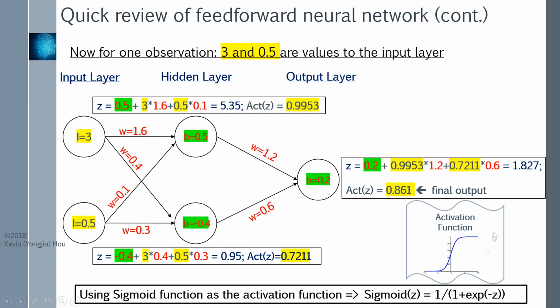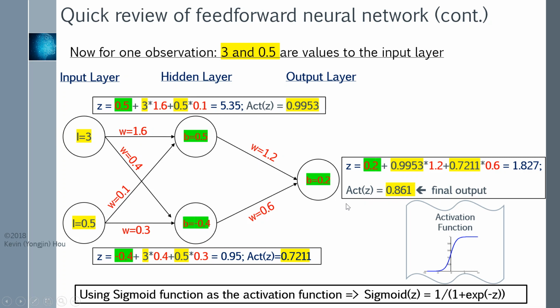Again, if we look up on the activation function, putting z as 1.827 somewhere here, and we look up vertically, this will give us a final value of 0.861.